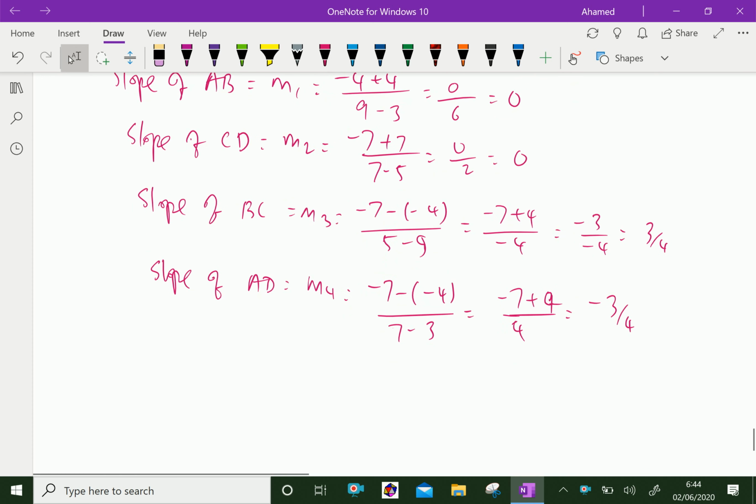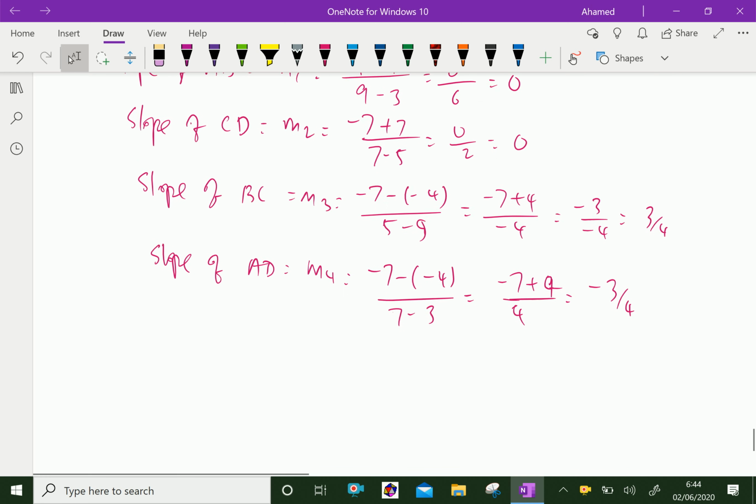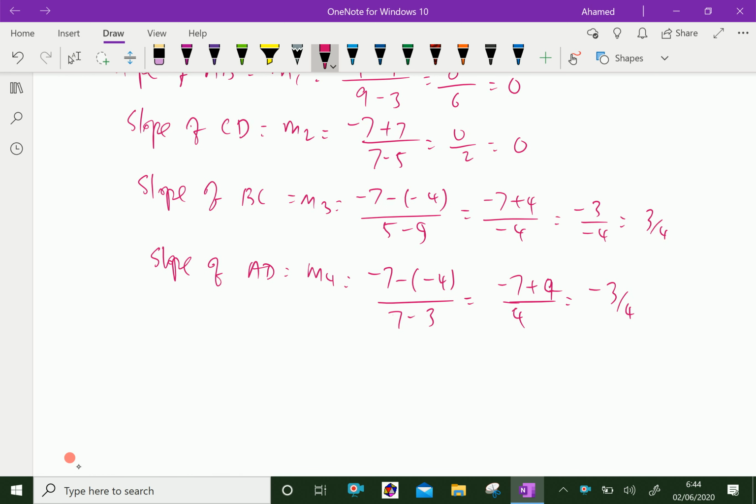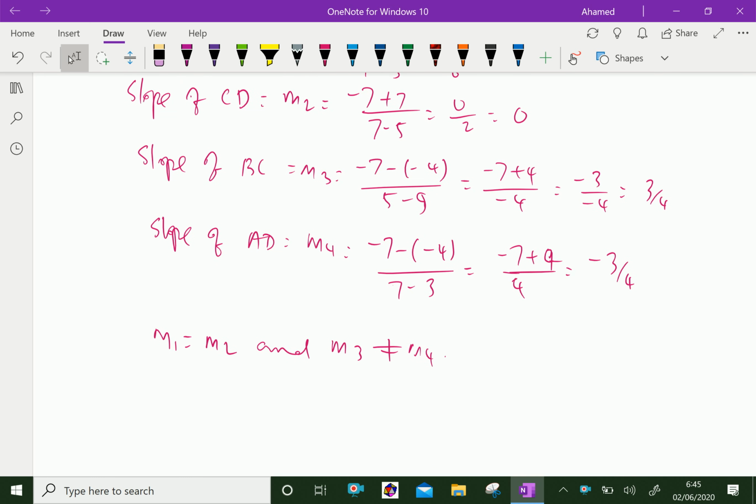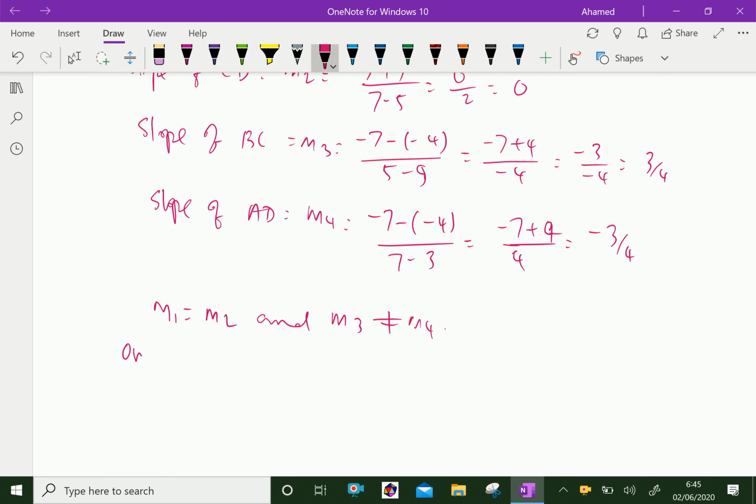Now, from the given conditions, we can write m1 is equal to m2 and m3 is not equal to m4. From this condition, one pair of opposite sides are parallel.